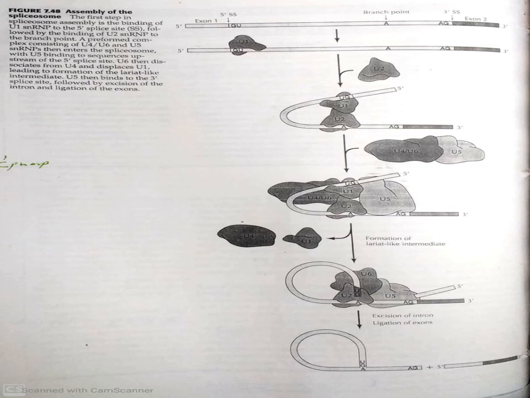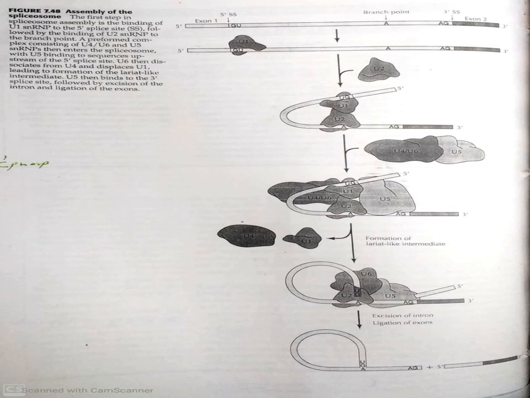These U1 and U2 snRNAs will interact with each other. When they interact, this leads to the bending of the primary transcript, and it forms a hairpin loop-like structure.